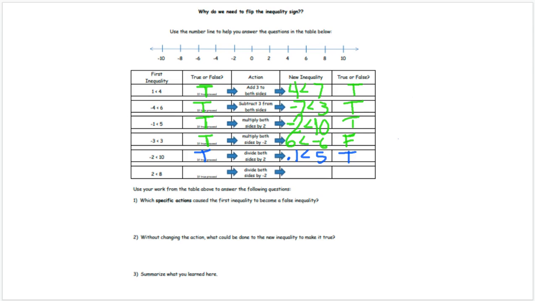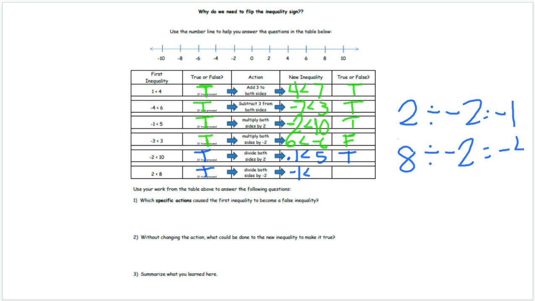Well, 2 is less than 8. But if I divide 2 by negative 2, that changes it to negative 1. And if I divide 8 by negative 2, that changes it to negative 4. And I know that negative 1 is not less than negative 4. So that one is false.